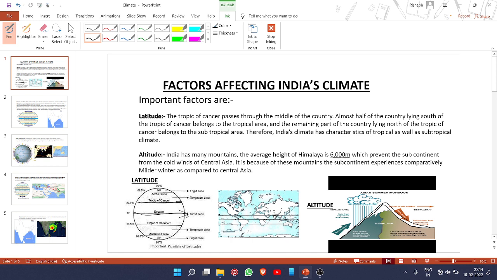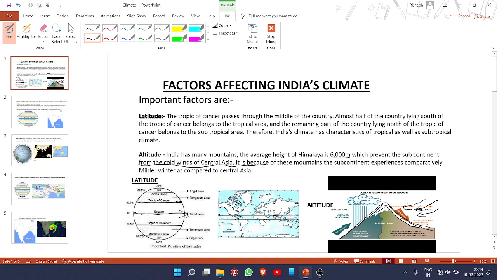So, what happens when we have such a high part of land? It prevents the subcontinent from the cold wind of Central Asia. Means the cold wind coming from this side, the Himalaya prevents it from reaching the whole continental part of India, the Indian subcontinent.